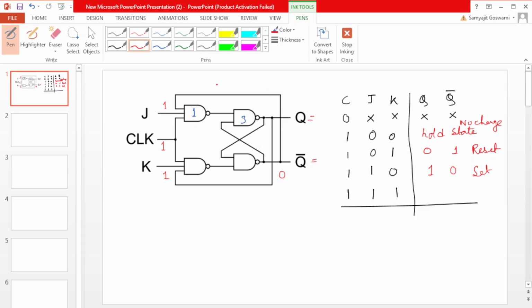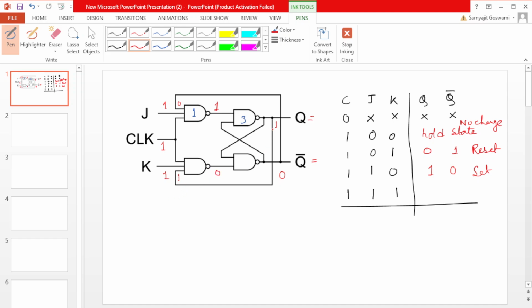So here I have just considered 0, that means 0 is here, 0 is here, so here it will come 1. Here it is actually 1. So this 1 will come here, 1 1 means it is 0.